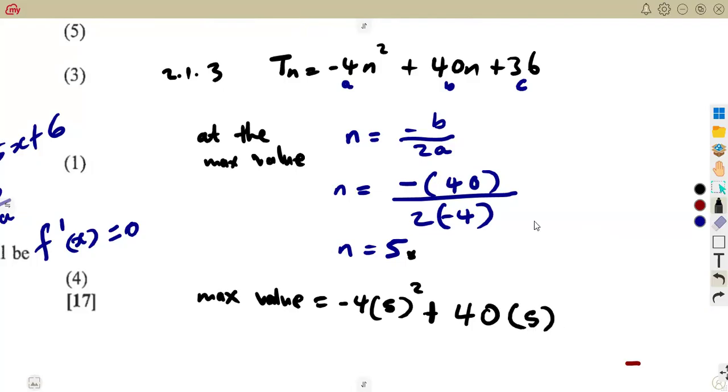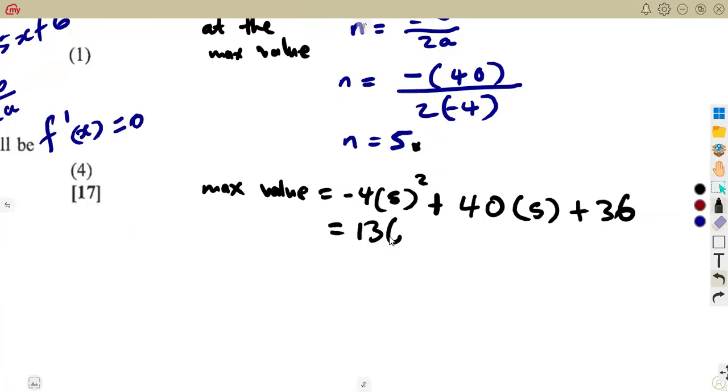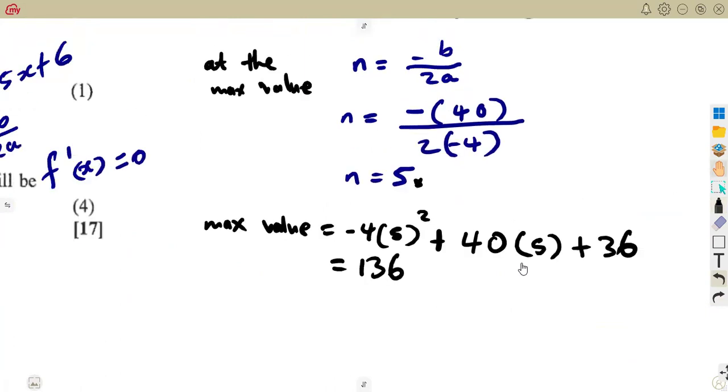So in place of n, you're going to substitute a 5, plus 36. Then you can have that maximum value. That is 136. So it's the same as calculating T5. So that is how these questions can be given.